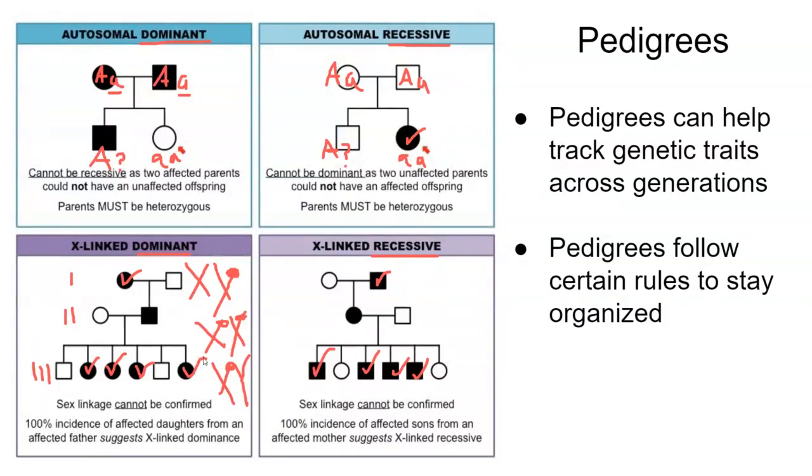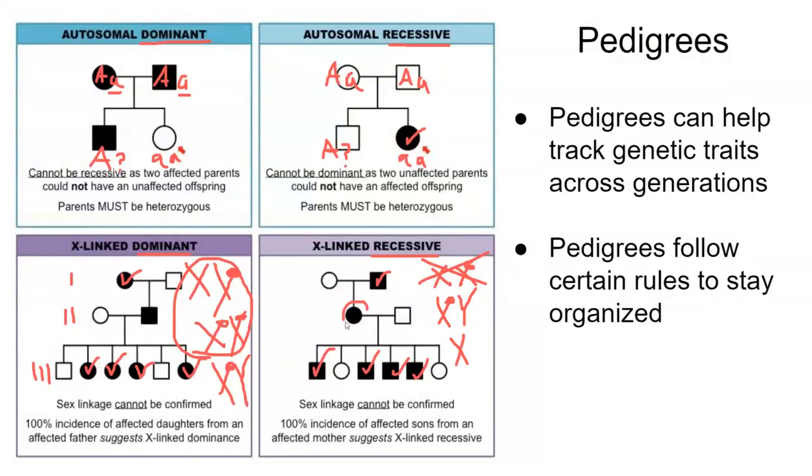I'm seeing a lot more females that are expressing the trait, okay? On this one, if the female only had one mutated gene, it would not express the trait. So that's why we see much more males, because they only have to have one copy.